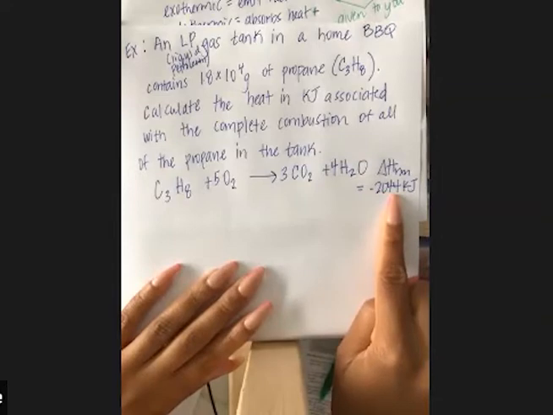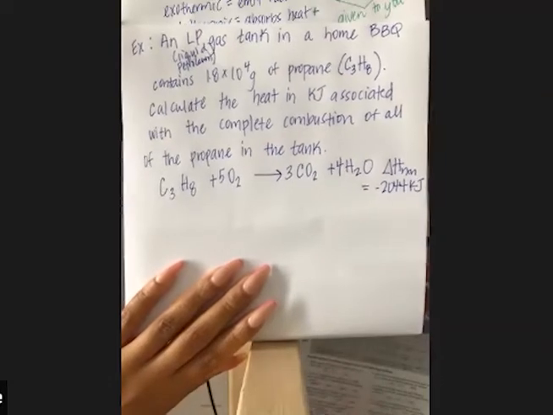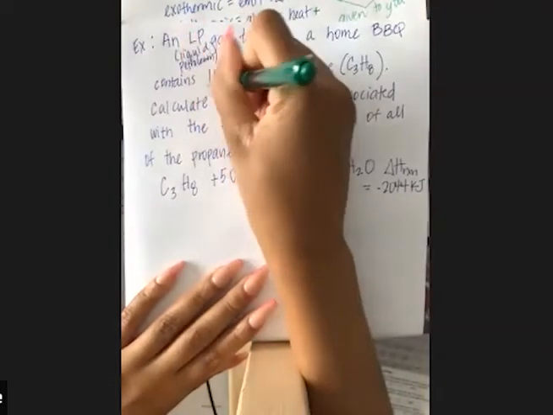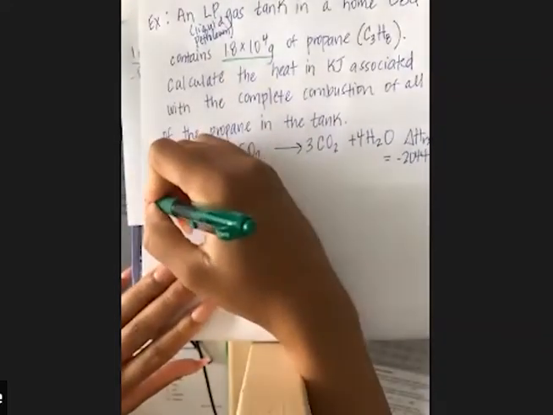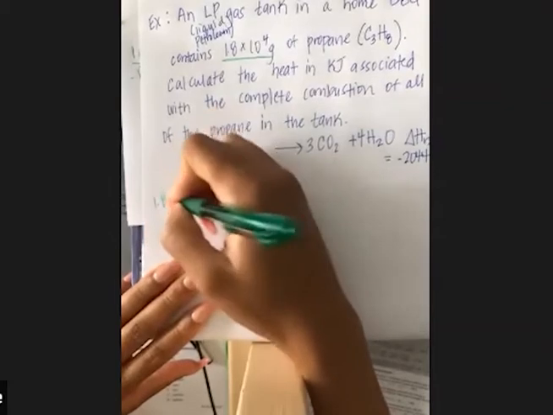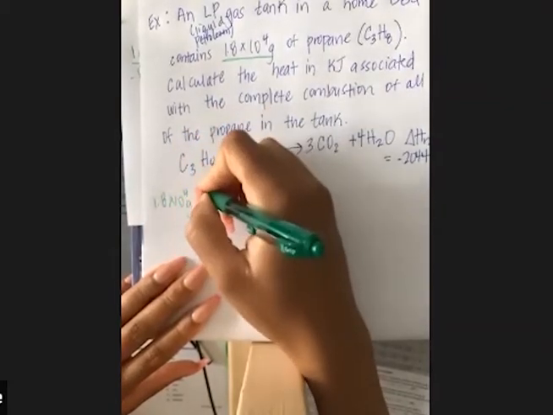So let's say I'm going to go barbecue for the weekend. I start off with this amount of propane gas. So this is my given, 1.8 times 10 to the power 4 grams of propane gas.